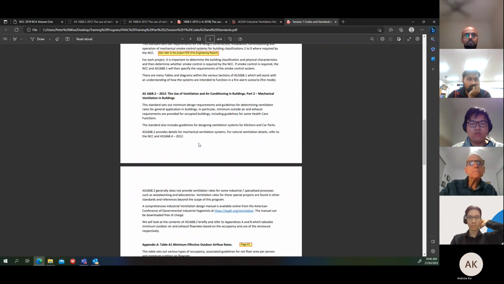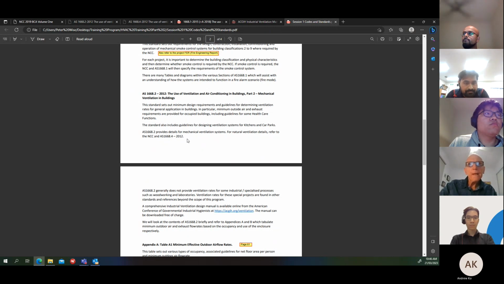AS1668 Part 2, mechanical ventilation, sets out the requirements and guidelines for determining ventilation rates for general application in buildings. In particular, minimum outside air and exhaust requirements are provided, including some guidelines for healthcare functions.